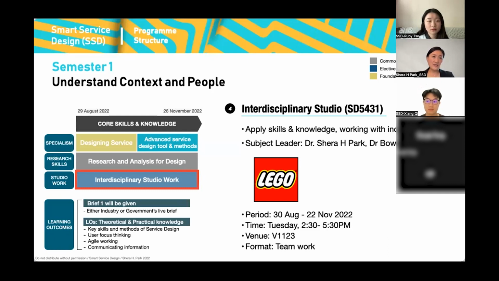And then the last time our partner was Lego, and there's lots of success and beautiful stories. And then students had joyful moments. And then there's an opportunity that you can work on the internship. So you can imagine, we are very much industry oriented programs.